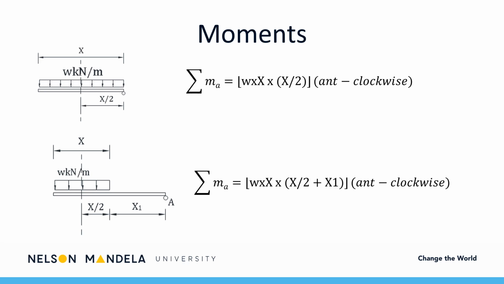Now the next thing: what is the distance from my line of action to where I am taking moments? The distance is x over 2 plus x1. So I've got this other distance here called x1. So the distance is x over 2 plus x1 to where I am taking moments.